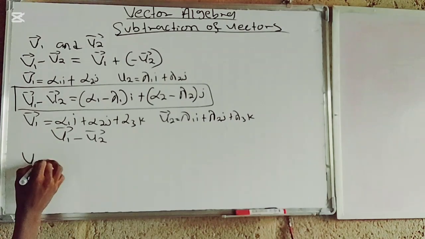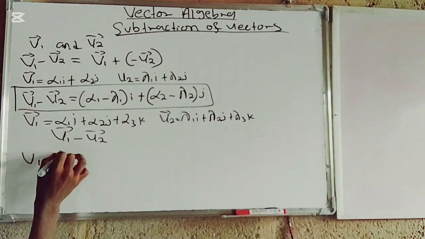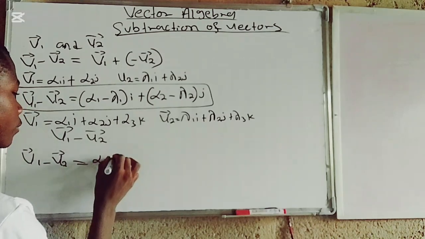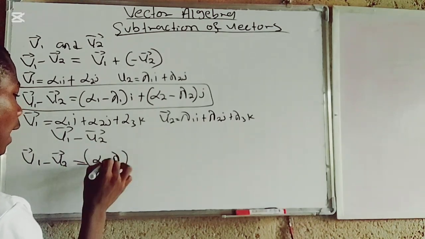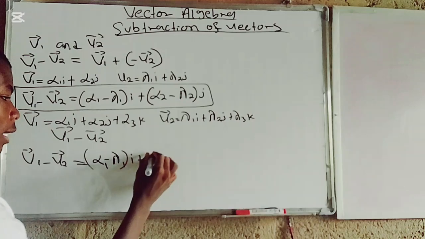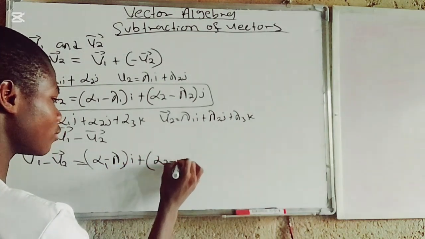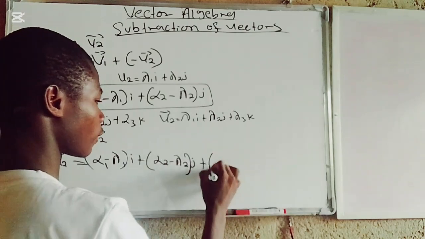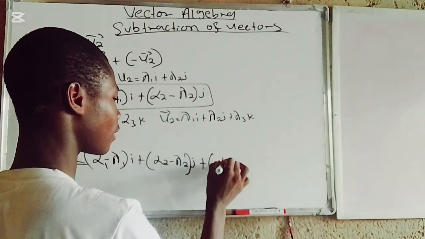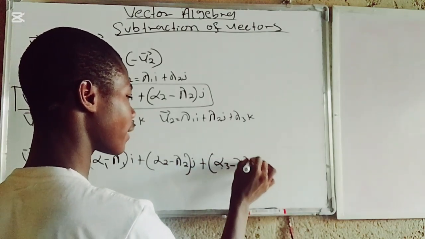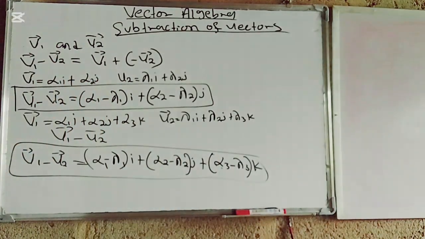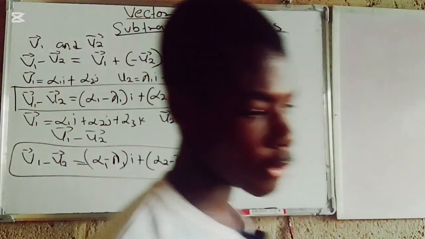This is the same thing as alpha 1 minus lambda 1 i, plus alpha 2 minus lambda 2 j, plus alpha 3 minus lambda 3 k. So this is how you can subtract vectors that have i, j, and k. So let's see some examples.